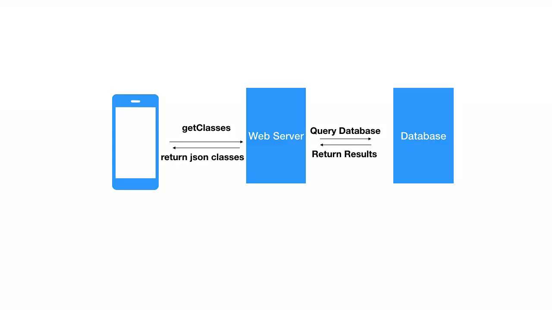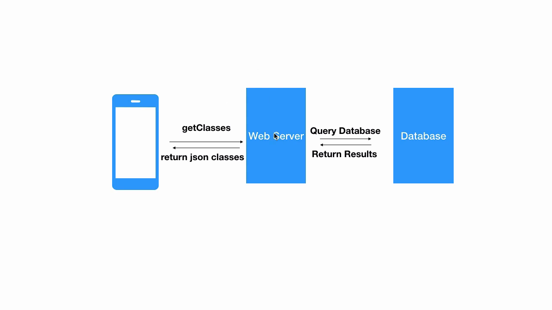So let's look at a high level how an iOS app might connect to a database through a web service and return a standard JSON response, which is universally understood by pretty much every programming language out there. So starting off at the app, it will send a request to a web server, and we're going to call our request getClasses.